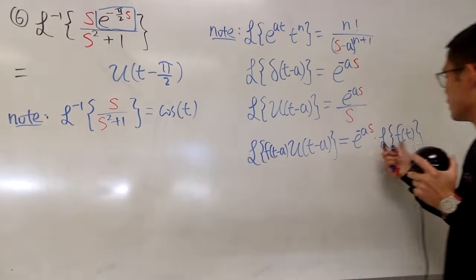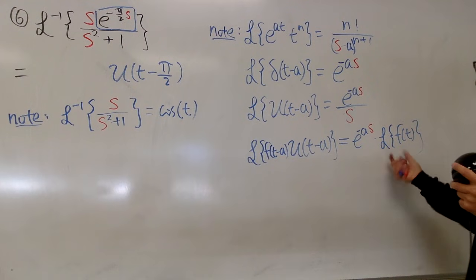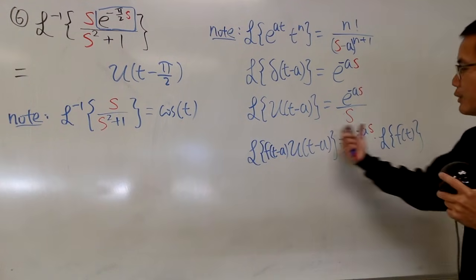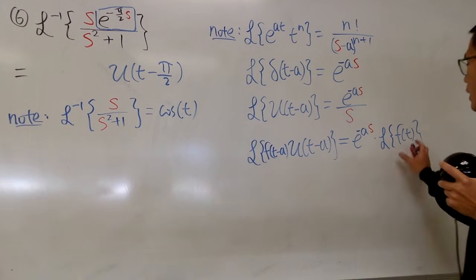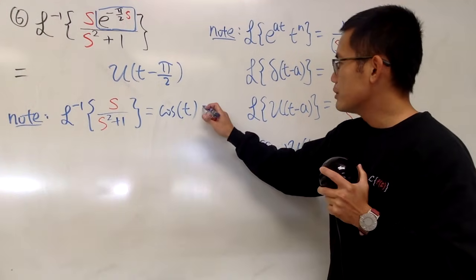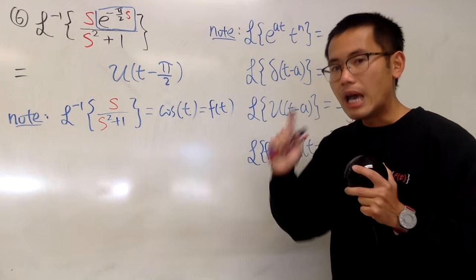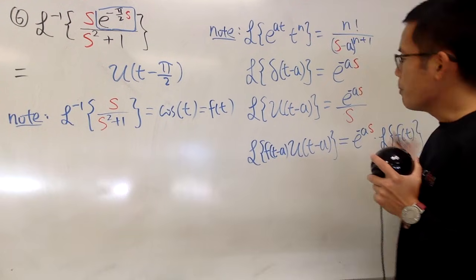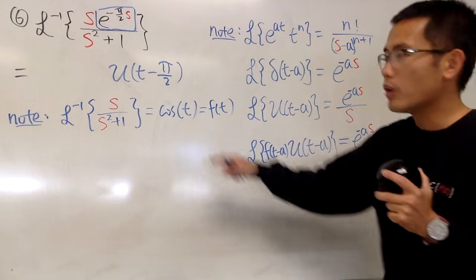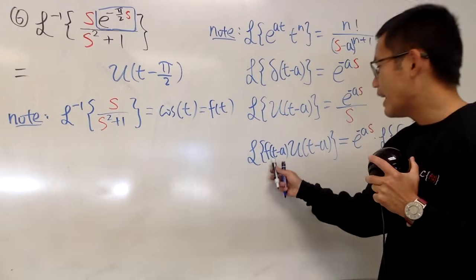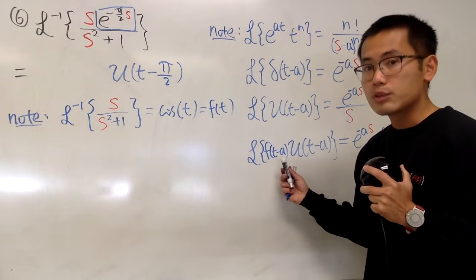Well, this right here, if you look at the right-hand side, remember we're taking the inverse, we're looking at the right-hand side, and then look at the inside right here. So in here, this is actually our f of t. Okay? However, when we go back to the t world and put on the answer here, you have to have f of t minus a as well.